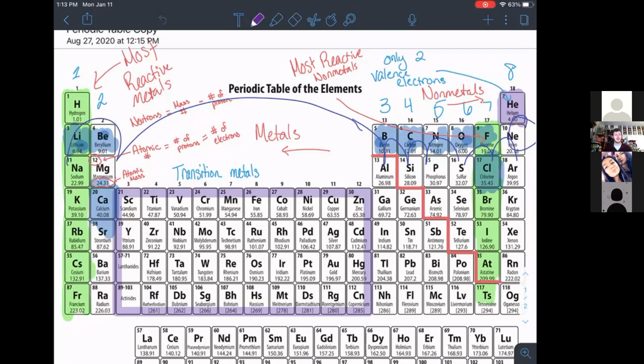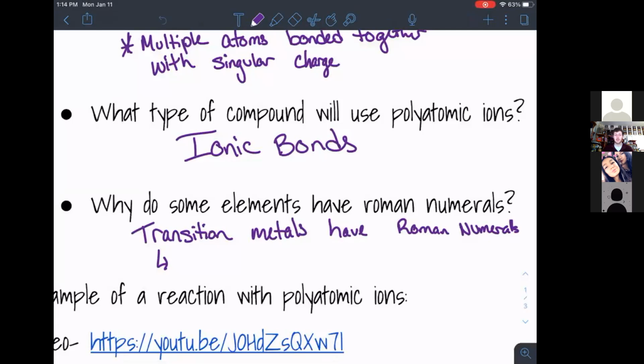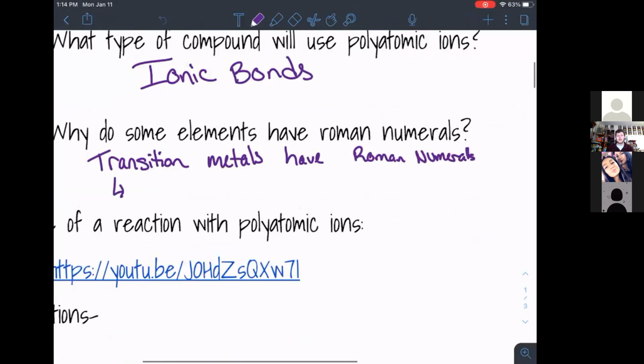I like that idea of charge. All those elements are going to have a positive charge because they're all closer to that side of losing electrons. They all want to get rid of theirs. But those Roman numerals tell us how many valence electrons that element is willing to lose, or what positive charge they're going to have.